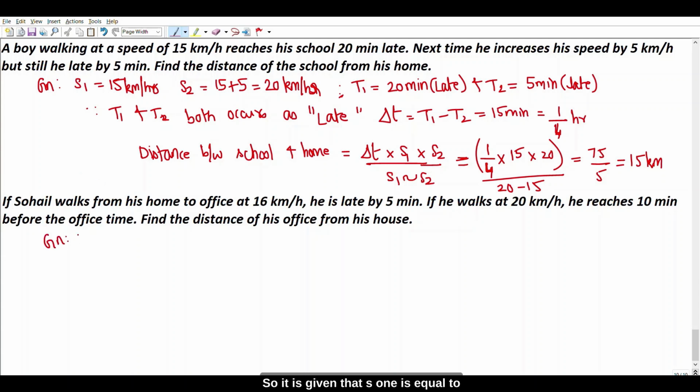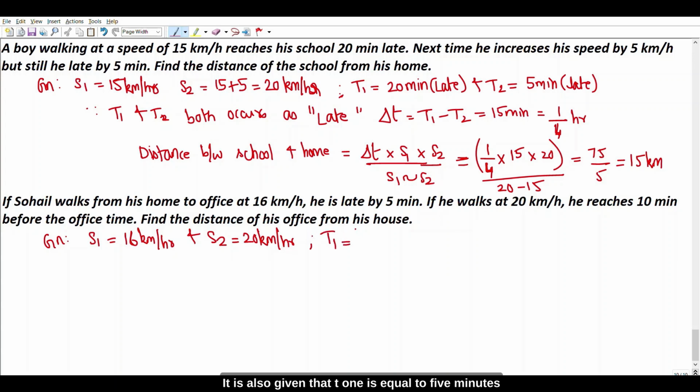So it is given that S1 is equal to 16 km per hour and S2 is equal to 20 km per hour. It is also given that T1 is equal to 5 minutes late and T2 is equal to 10 minutes early.